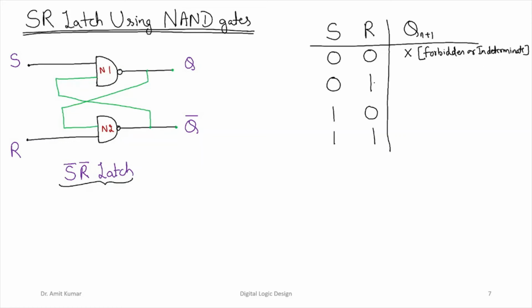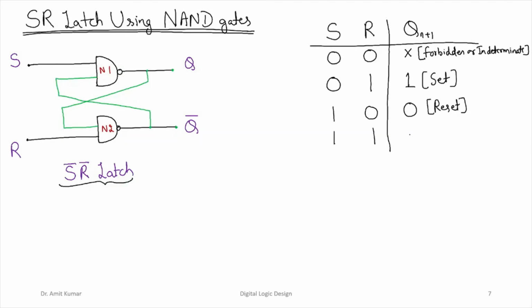If S is 0 and R is 1, we call this the set state, that is, the output will be active high. If S is 1 and R is 0, the output will be in the active low state, and we call this the reset state.